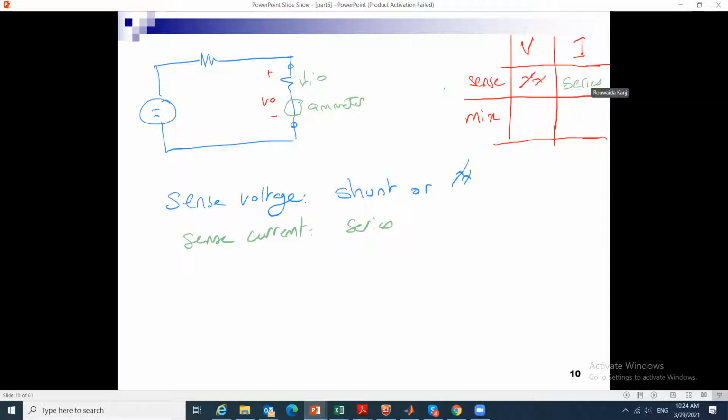Great. Now, if I want to mix a voltage, and I want to add feedback here, let us say that I want to add the feedback to this branch. How do I add a voltage source VF?